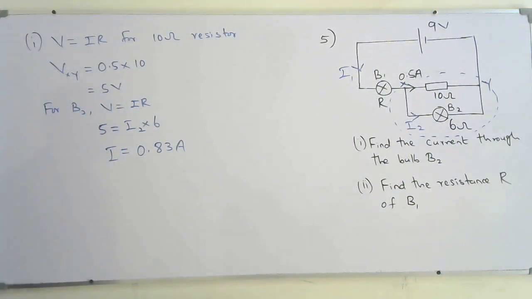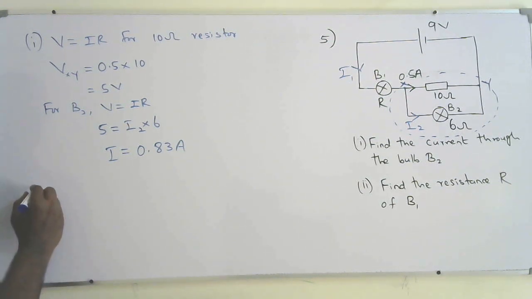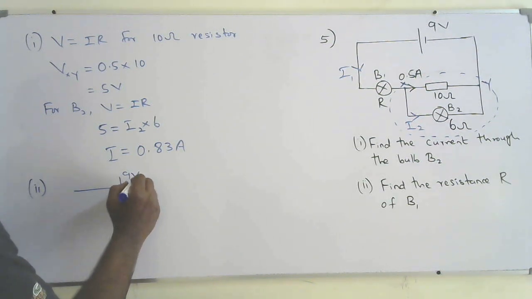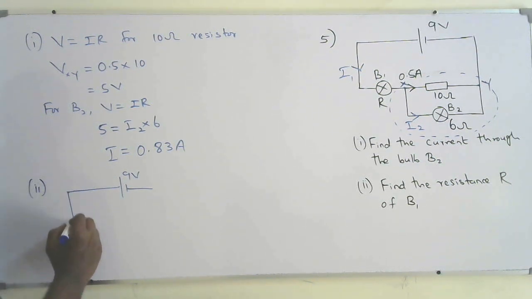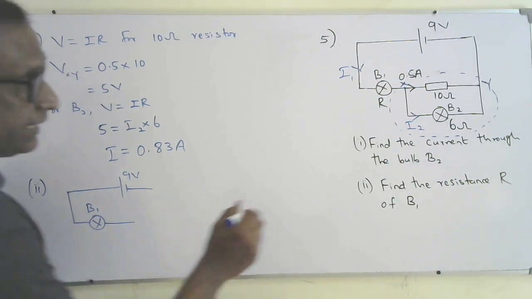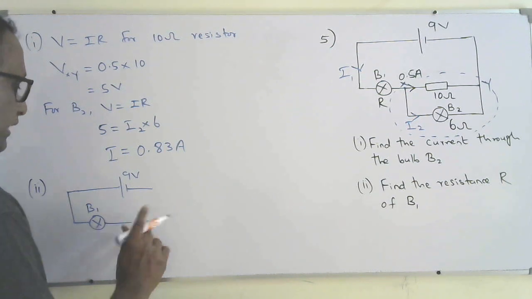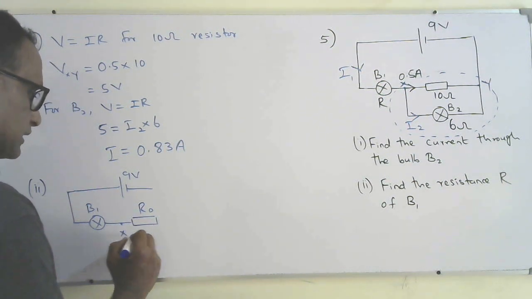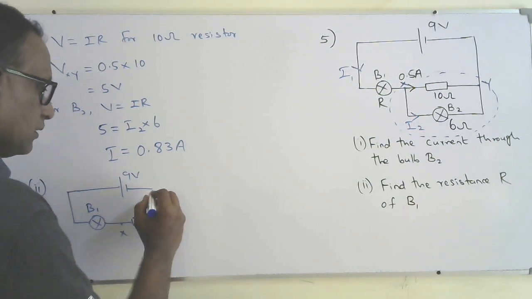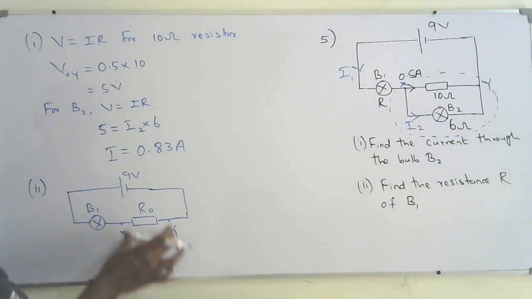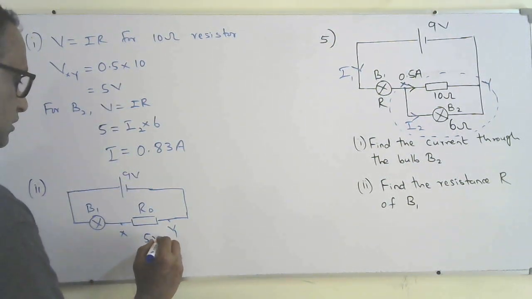The voltage across the bulb, V1, plus the voltage across the junction will be 9 volt. So I can redraw this diagram like this, 9 volt, with this bulb B1. If I find the equivalent of these two, R0 will be across junction XY, and the voltage across the junction XY is 5 volt.